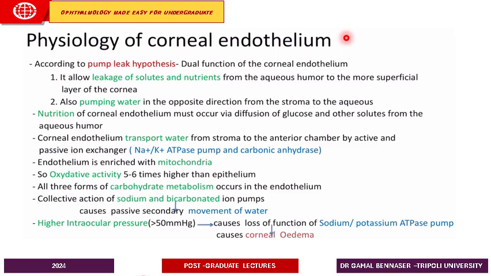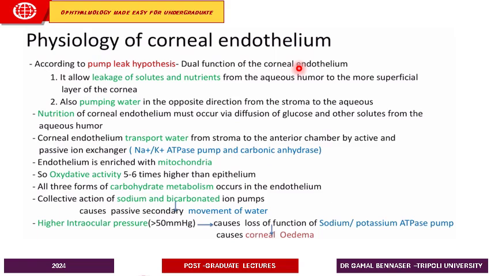And this transport system is carried out by different pump systems like the sodium potassium pump as well as the carbonic anhydrase pump system, because the corneal endothelium is rich in mitochondria, and this makes the consumption of oxygen within the endothelium 5 to 6 times more than the epithelium, because of the very rapid and highly active pump system available within the endothelial cells.